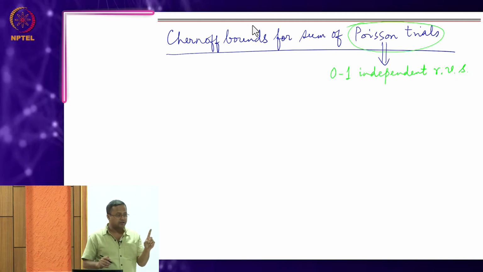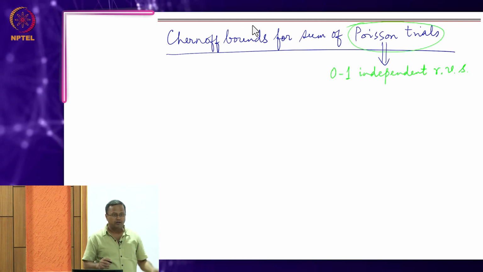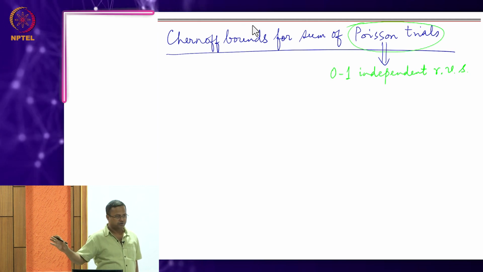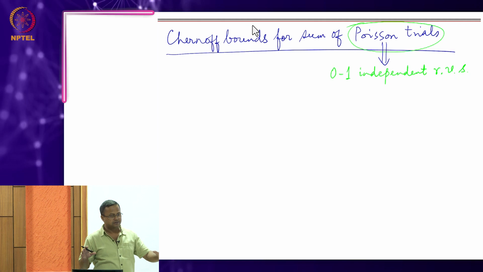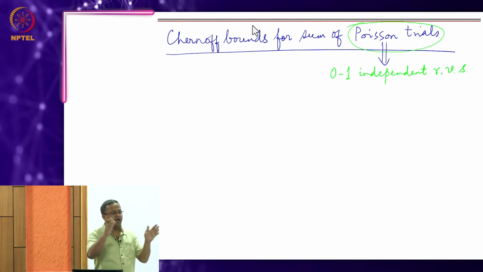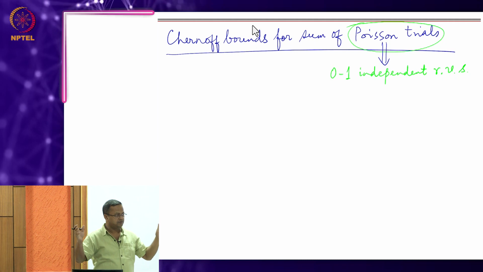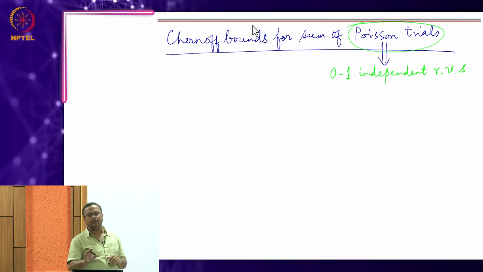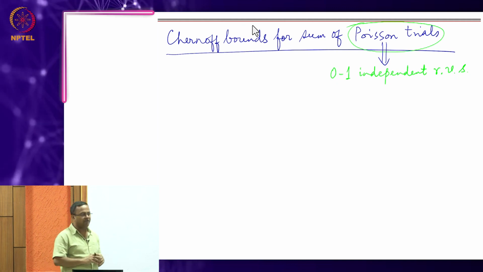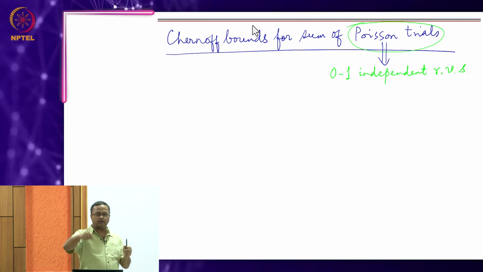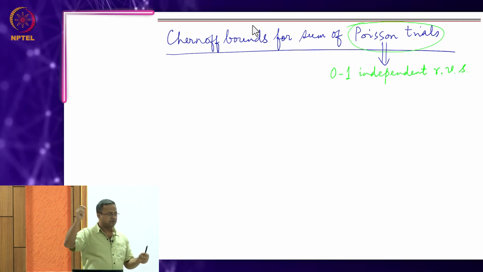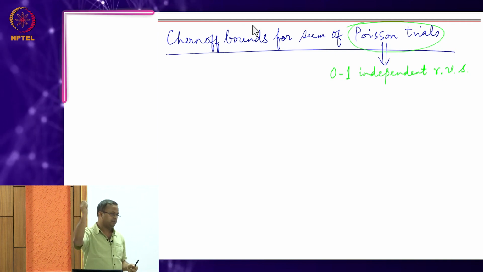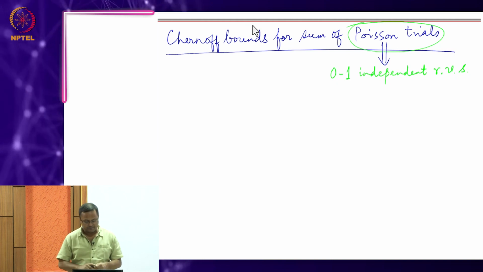Your Bernoulli trials, whose sum was the binomial, are basically IID Poisson trials. That means for Poisson trials, each random variable can have different probabilities. In Bernoulli trials, you have the same probability. So, in here we will be dealing with Poisson trials. I will have a bunch of 0, 1 random variables. Each one, say the i-th random variable X_i, will have a probability, say p_i. That is the setting.